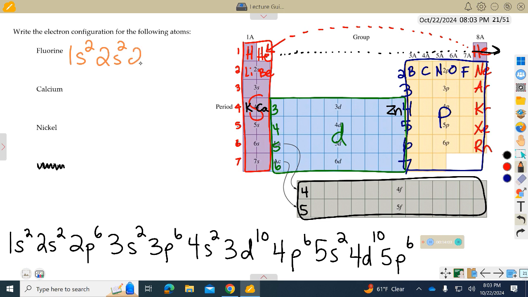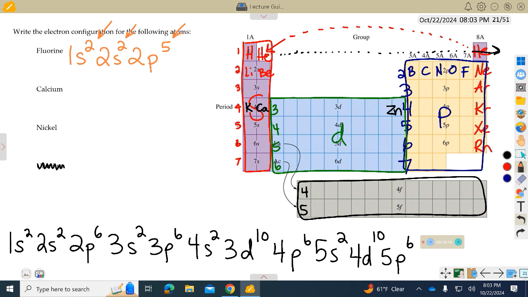I'm going to go across to the 2p, and fluorine is 1, 2, 3, 4, 5th element across. Done. If I were asked to identify the element, I can just look for the 5th element across the 2p block. Or you can add up all these little superscripts, and you get a total of 9 electrons. Element 9 is fluorine.